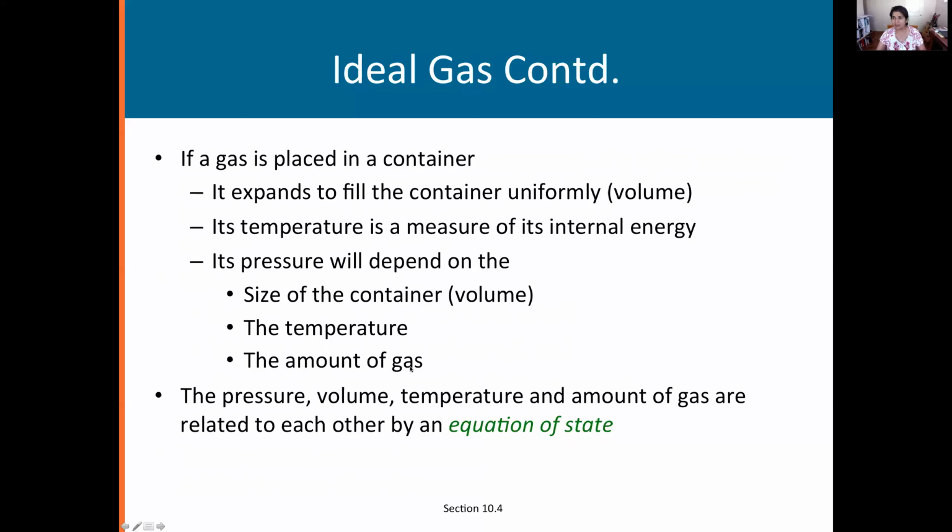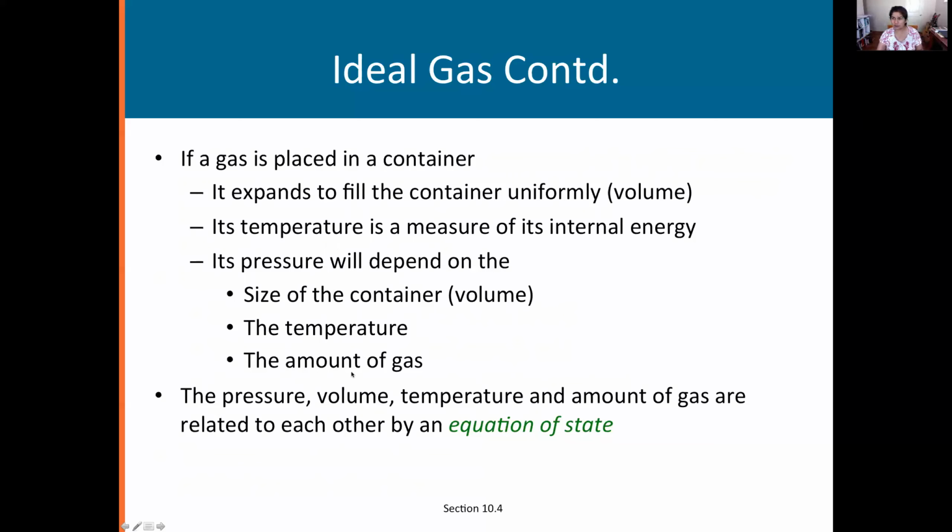It also depends on the amount of gas. If instead of 50 particles, I now had 100, I double them, then clearly I'm going to have more collisions on the wall, keeping other factors the same. So keeping the volume at the original volume and the same temperature. At one time, you vary only one factor, and you look at its effect. So if I double the amount of gas, I'm going to get double the pressure.